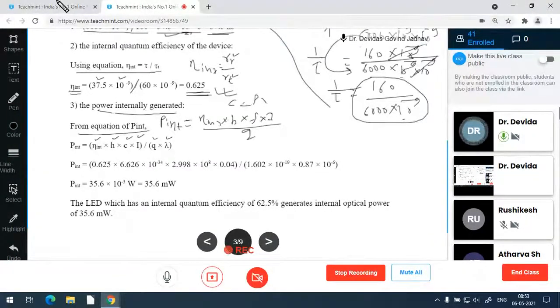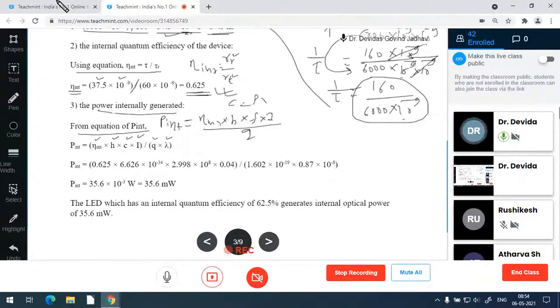Here we have eta internal calculated as 0.625. H is Planck's constant, 6.62 into 10 raised to minus 34. C is the velocity of light in vacuum, 2.998 into 10 raised to 8 meters per second. I is given as 40 milliampere, that is 0.04. Q is the charge on the electron, known as 1.602 into 10 raised to minus 19, and lambda is given as 0.87 into 10 raised to minus 6.